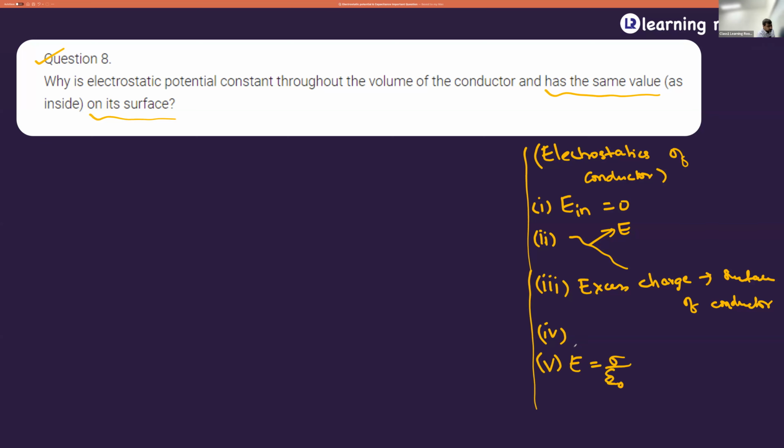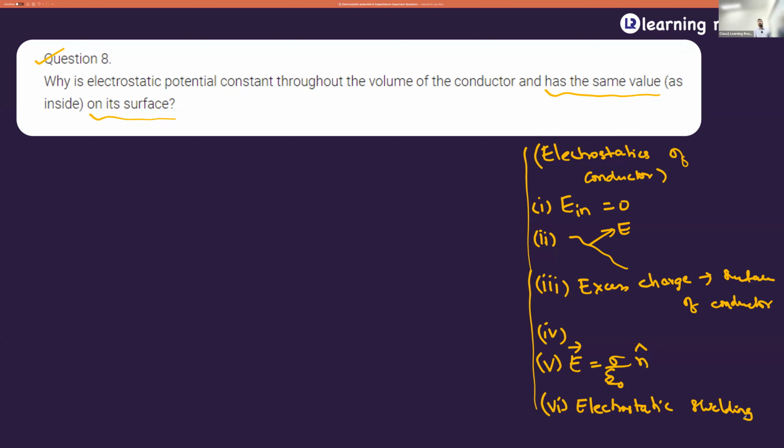So electric field vector is equal to sigma divided by epsilon naught times n cap, where n cap represents the normal vector which is perpendicular to the surface. So this point and the second point are connected to each other. And what was the last point? It was about electrostatic shielding.